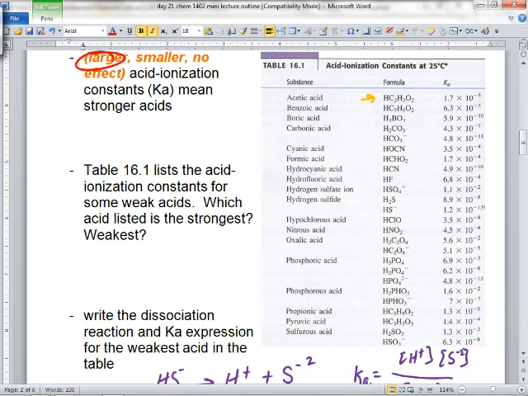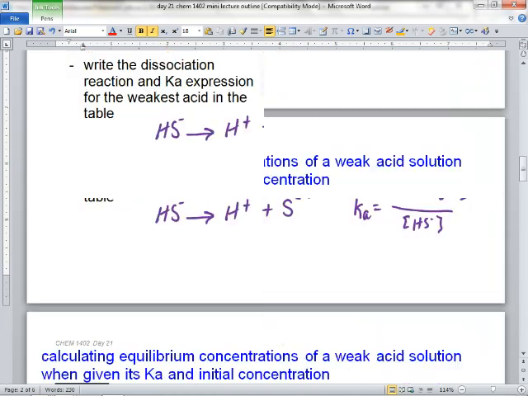What's one that's not questionable? HSO4 negative, right in the middle somewhere. Oh yeah, horrible, that's definitely too big. So anything 10 to the negative 5 is questionable, but definitely not 10 to the negative 4, negative 3, negative 2. You have to do the full problem. You can't drop any x's.